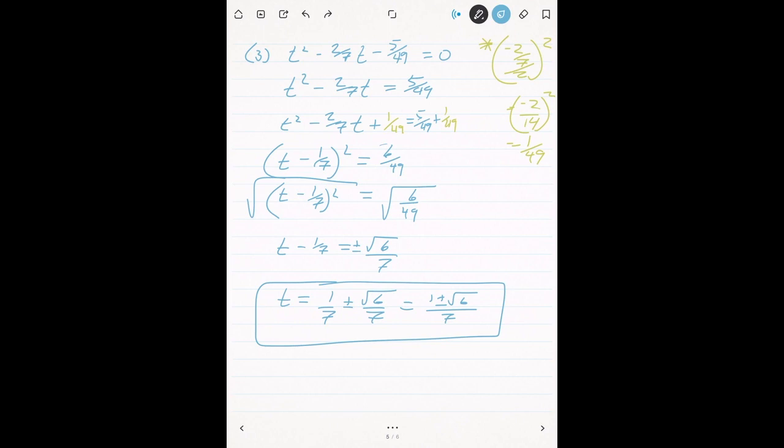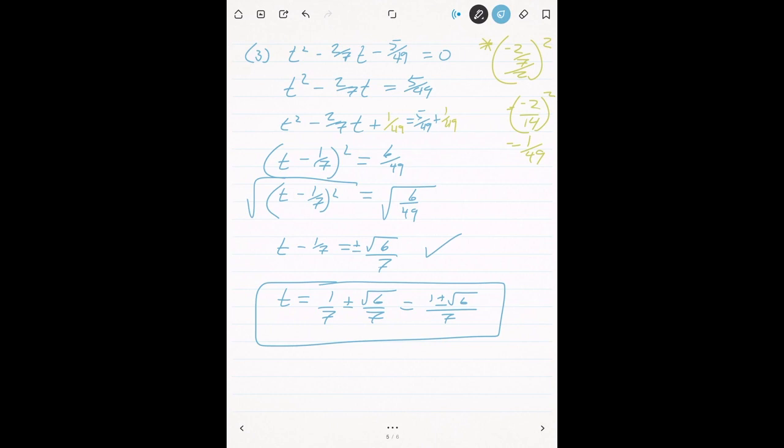And that equals 6 over 49. Now, I then need to square root both sides. So I get t minus 1/7 equals, well, the square root of 6 over 49 simplified to the square root of 6 over 7. I can't break down the square root of 6 anymore, but that's fine.